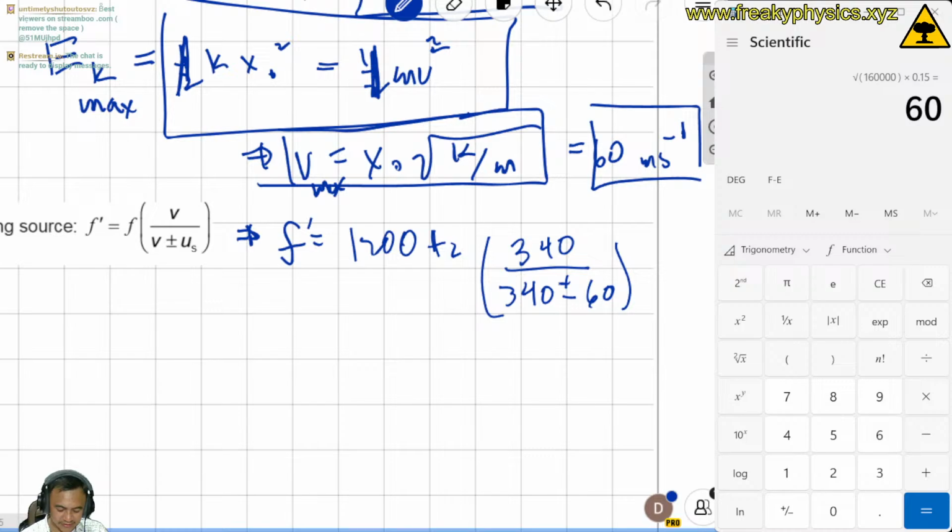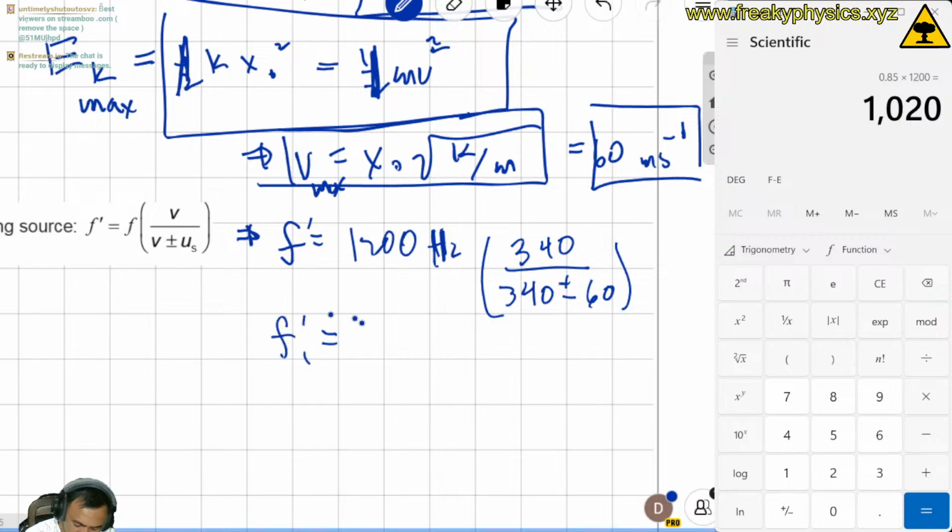Okay. So in this case, what's 340 divided by 340 plus 60, which is 400. Times 1200. That's gonna give us one possible value.